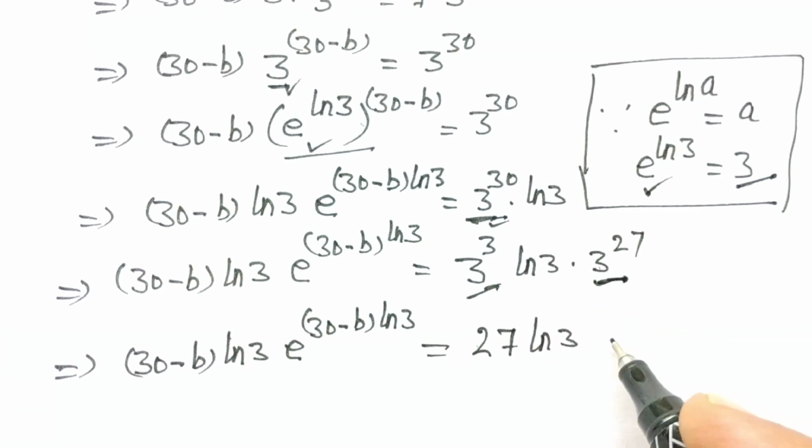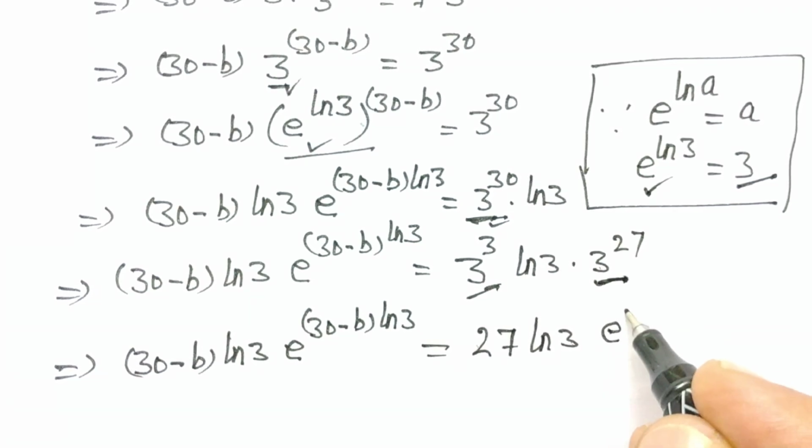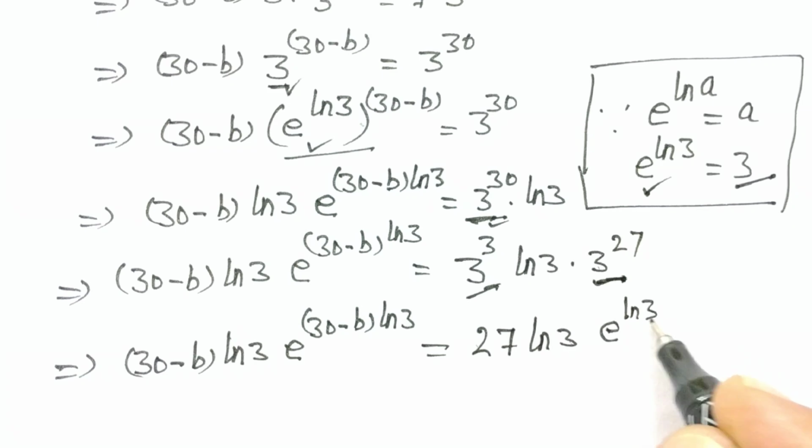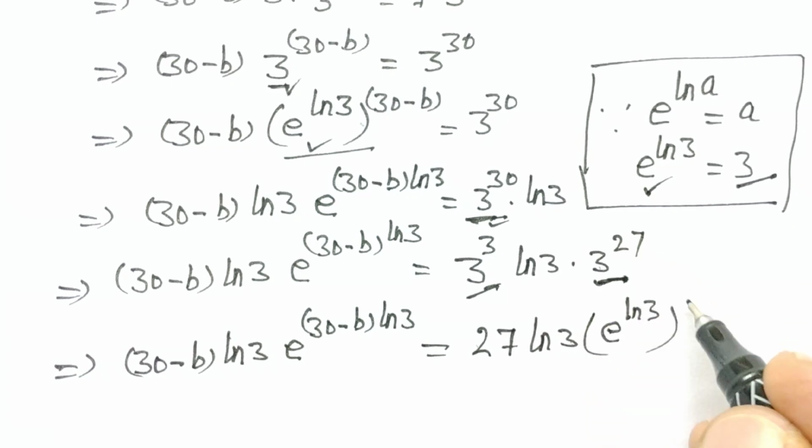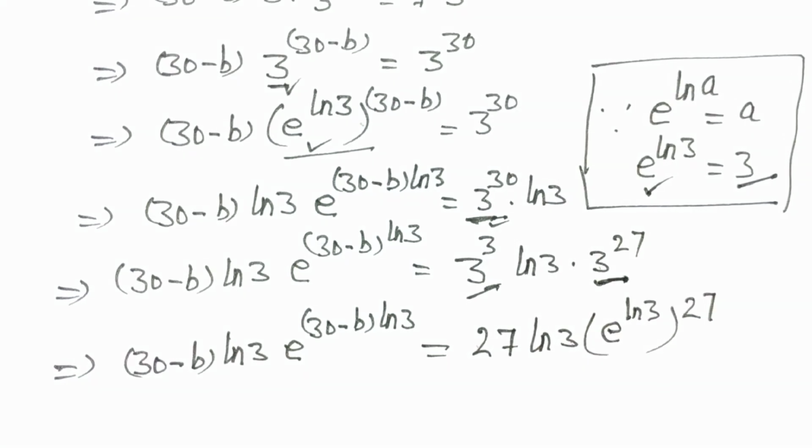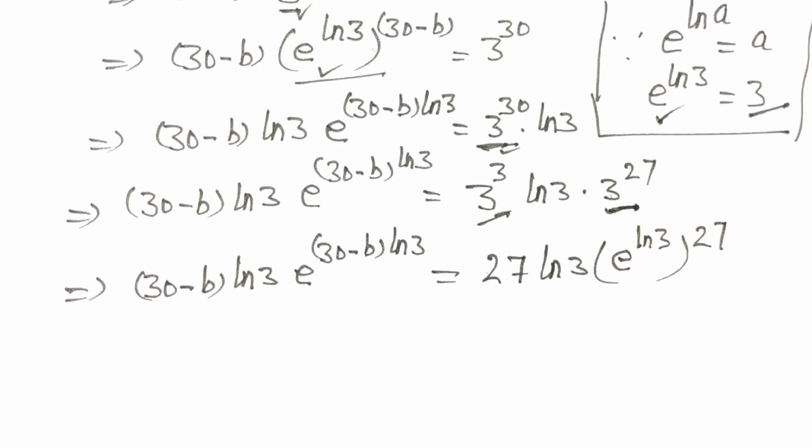So in place of 3, e to the power ln 3 to the power 27. Fine.